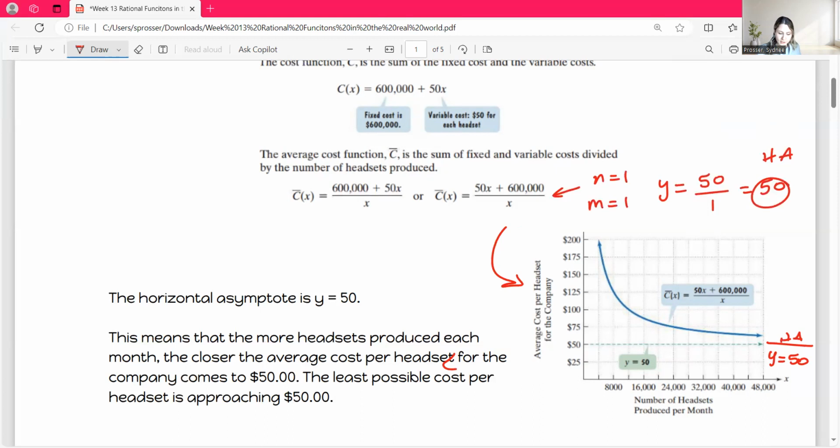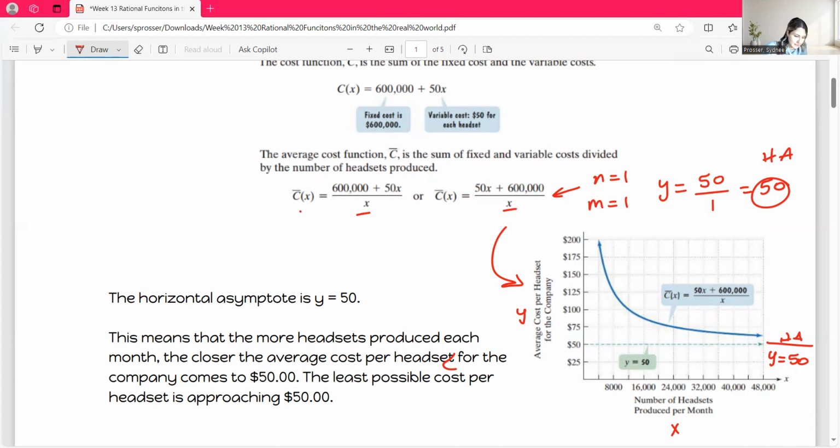Okay, if we think about it, what is really helpful when we're trying to represent the horizontal asymptote is to make sure we know what the x and the y-axis represent. So our x-axis is the number of headsets produced per month. That's this variable we've been talking about this whole time. That's how many headsets are produced.